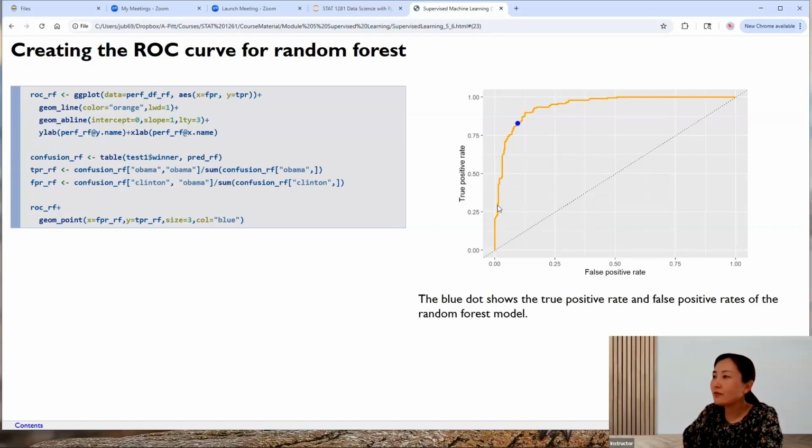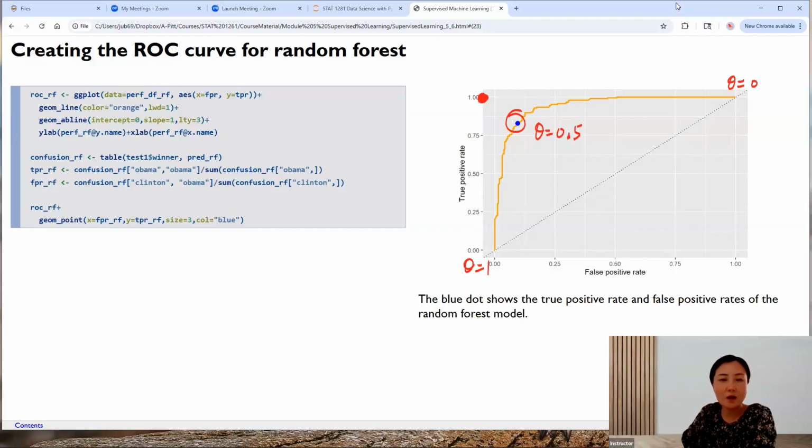It considers all of the thresholds from 0 to 1. Okay, so the curve is trying to approach this ideal point, but it can never touch it. Okay? And this point is a model we actually fitted using the default threshold 0.5.